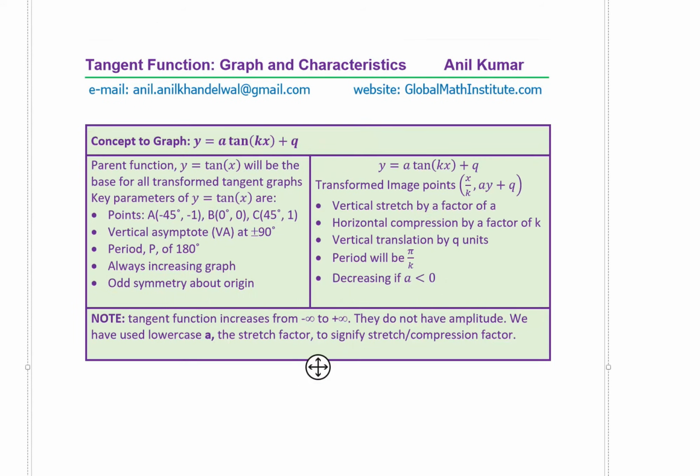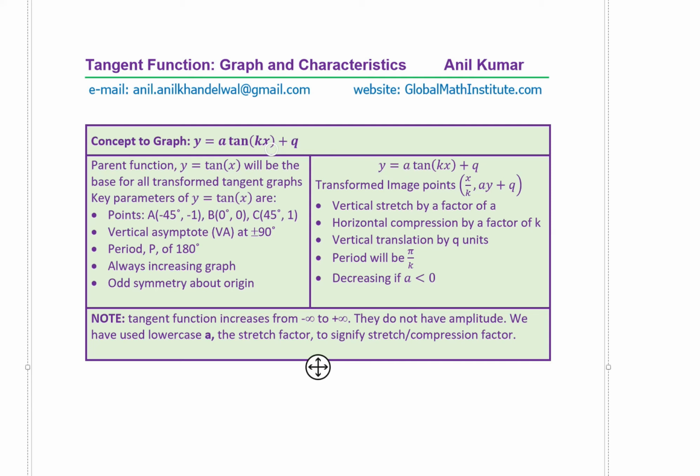Now, with that in mind, let us also see some key parameters which will help us to graph the function. So we'll begin to understand how we graph y equals a tan kx plus q. We'll consider vertical stretch and compression, horizontal stretch and compression, and vertical translation.